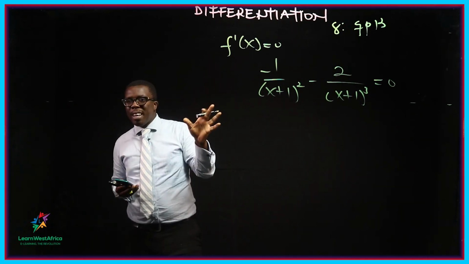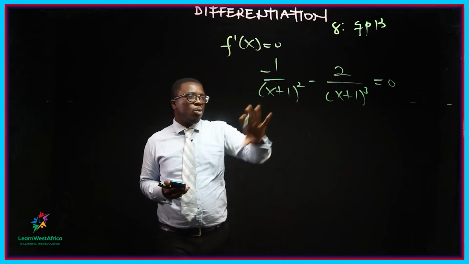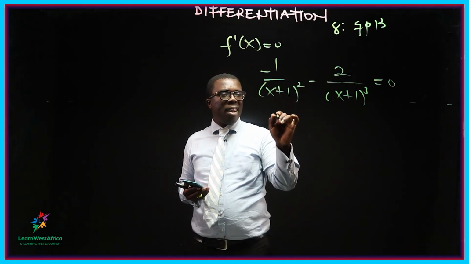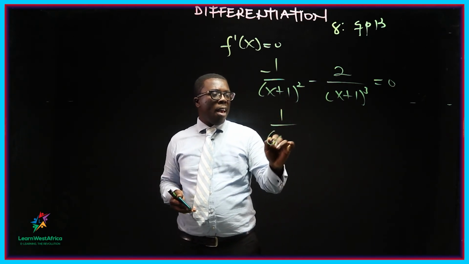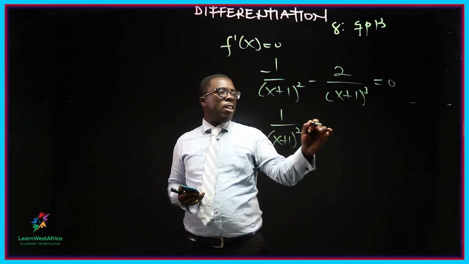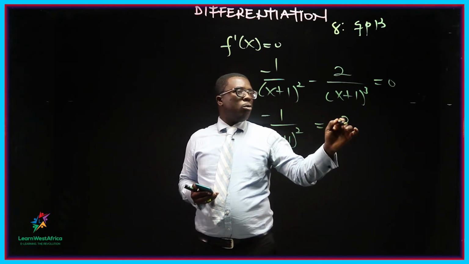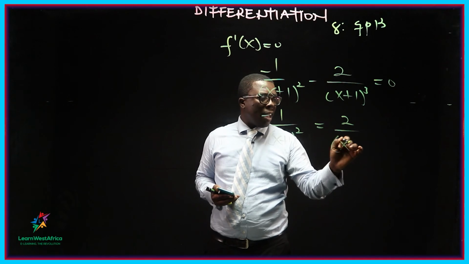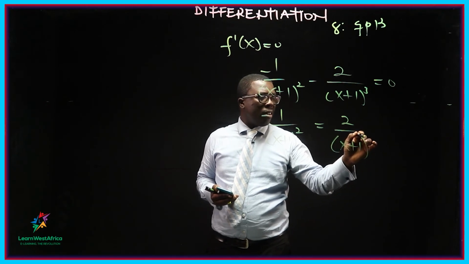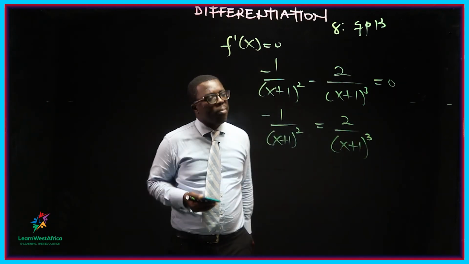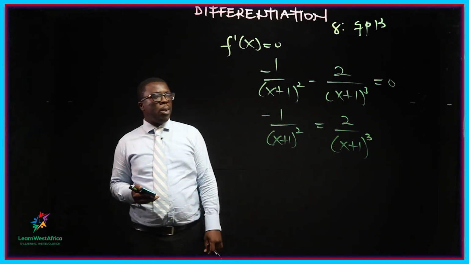We want to find the value of x which makes this one true. So this function can go there. That's going to give us 1 over (x plus 1) all squared equal to 2 over (x plus 1) cubed. All right, so now let's see what happens here.